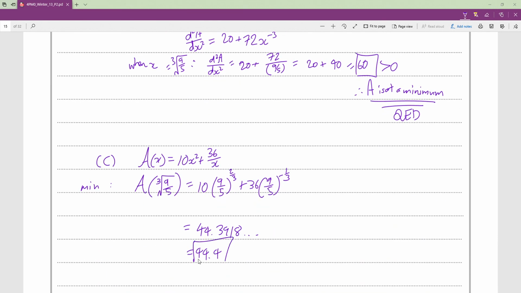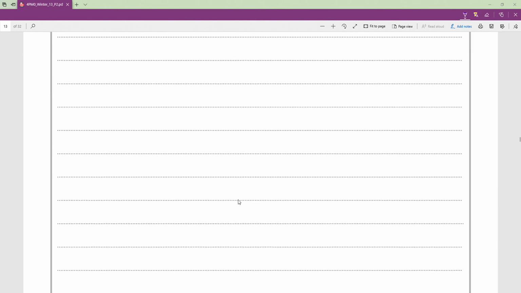We can put the box around here and in brackets cm squared. 44.4 cm squared is our final answer to three significant figures.